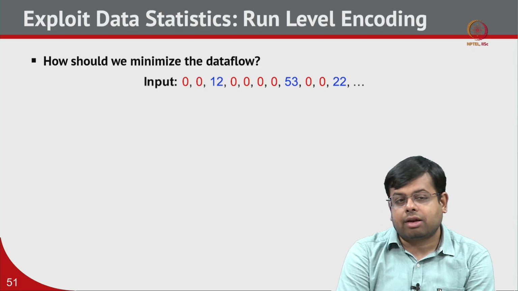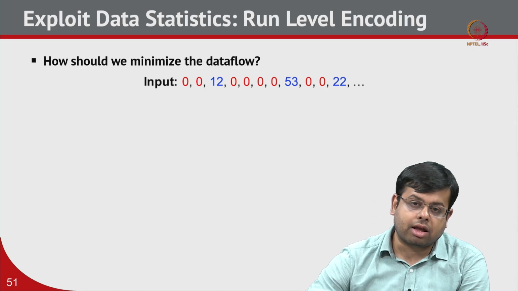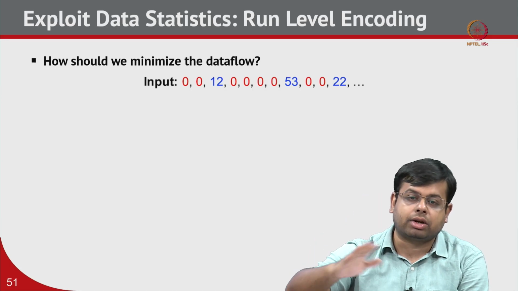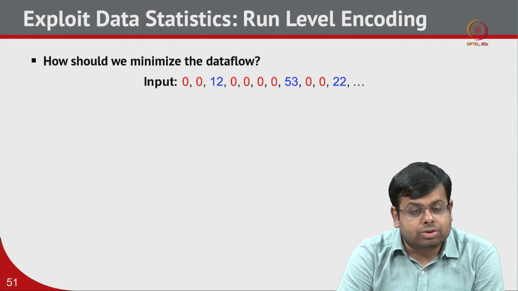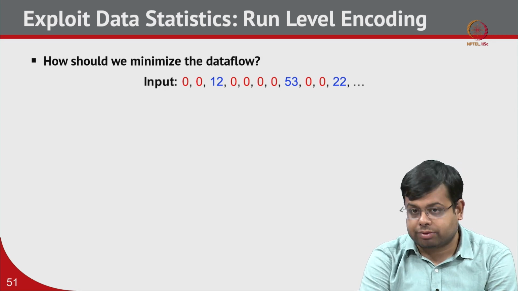Now, whenever we have data communication, it takes some time, nothing is free in the computer. Whenever data is going from one part of the computer to another part, it takes some time, energy etc., right. So, our goal is how should we minimize the data flow.